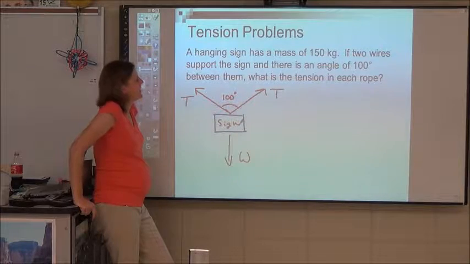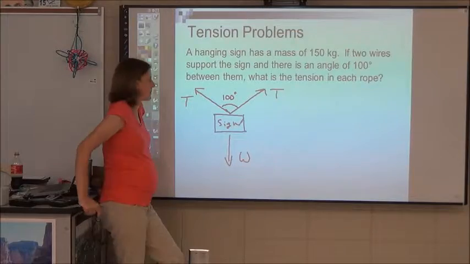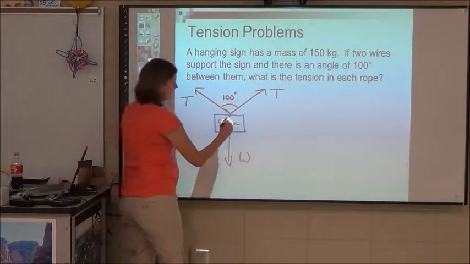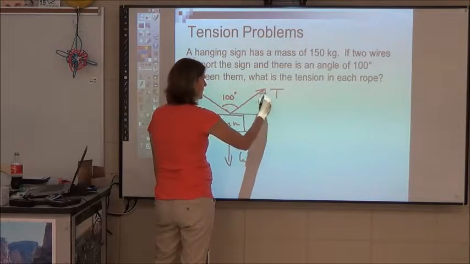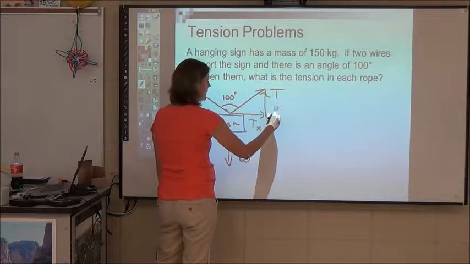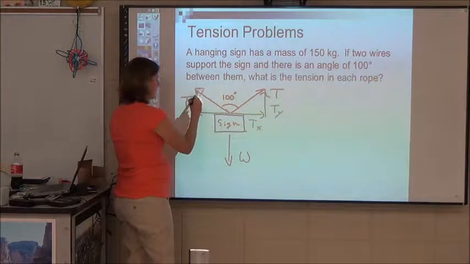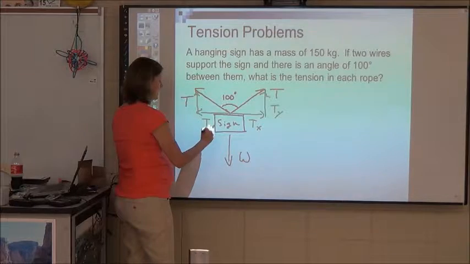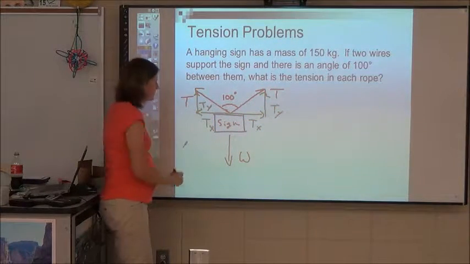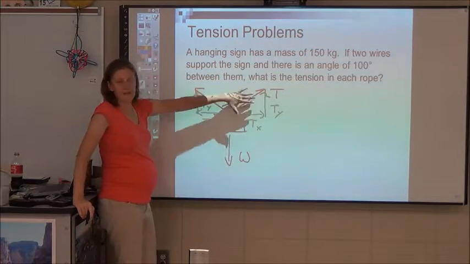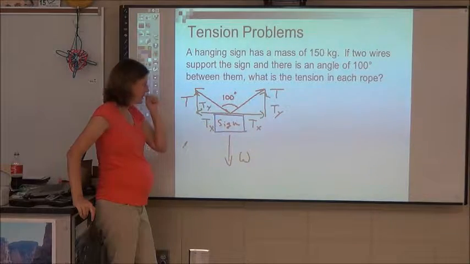So this is it. I do have an angle, don't like angles, so I do like to find components. And the nice thing is that this is symmetrical, so the Tx on either side is equal.